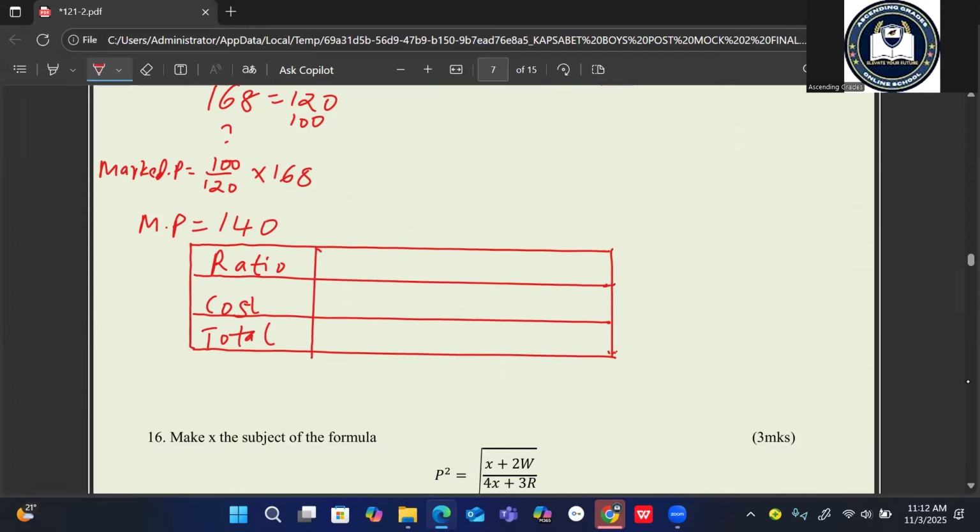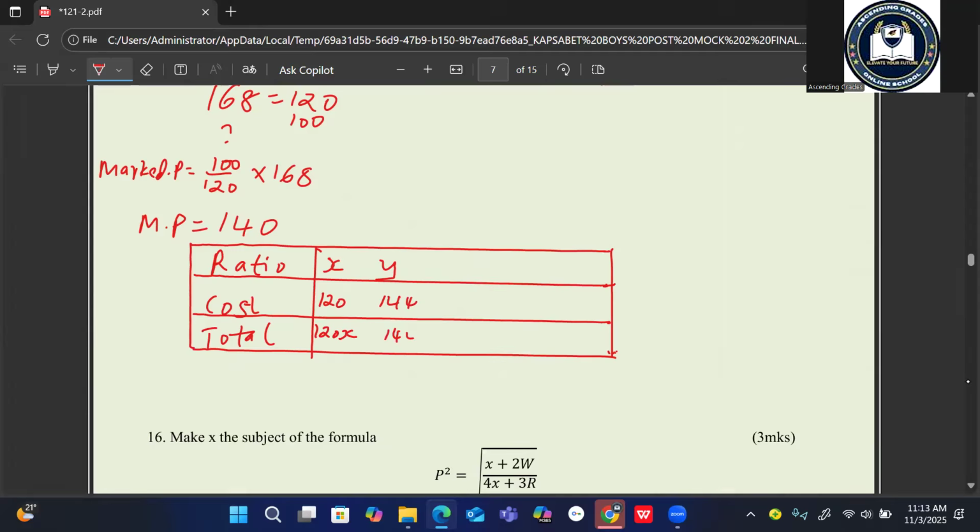So the ratio we have x, then y. The cost was 120. The other one is 144. So this one becomes 120x.